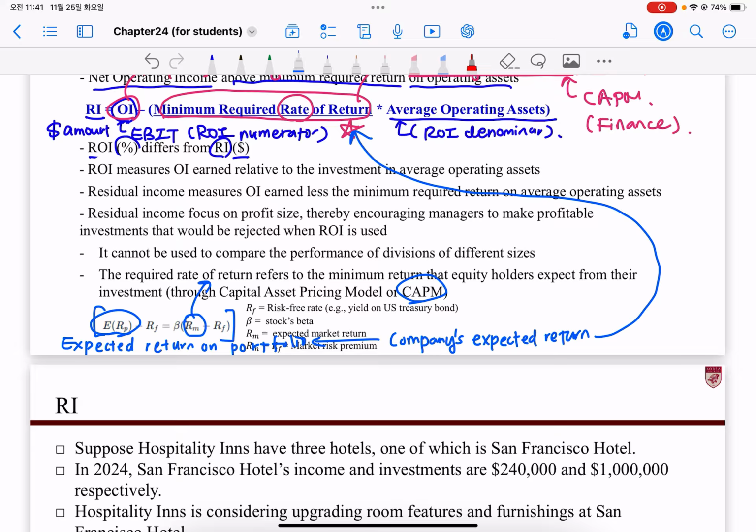Let's say the market is the S&P 1500 index. Okay, and the RF is the risk-free rate, meaning how much yield, how much return we can get on a risk-free investment like a treasury bond.